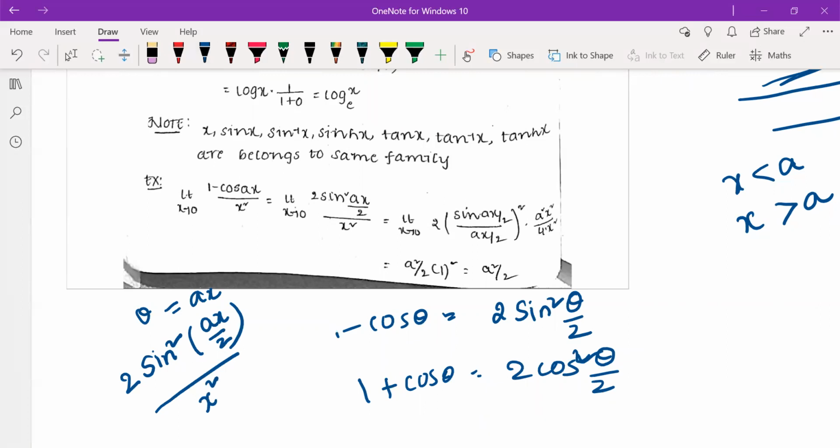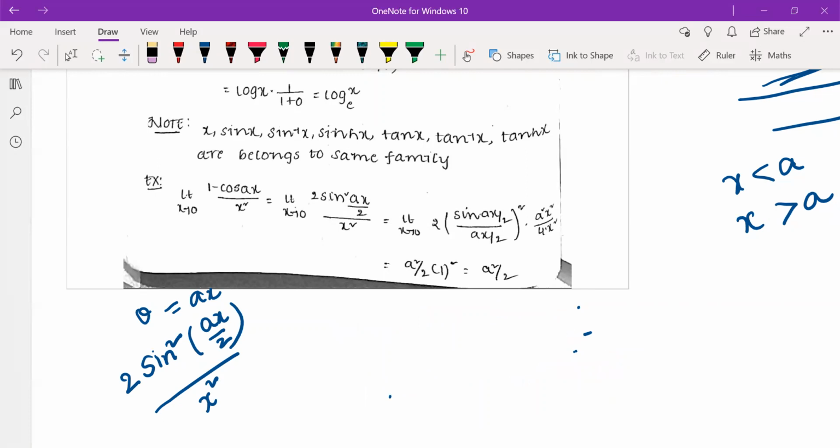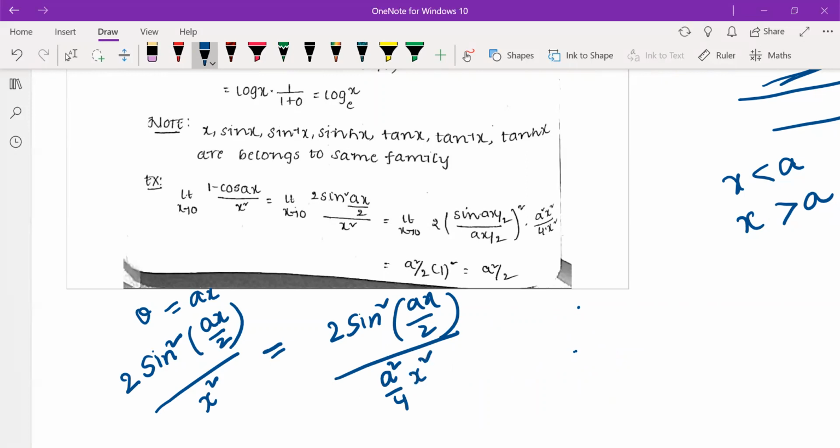Multiply and divide with ax by 2 whole square. Here multiply and divide with a square by 4. That gives a square by 4 into x square into 4 by a square.